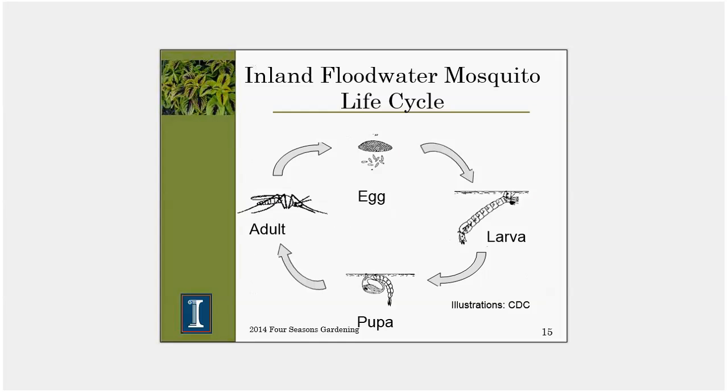Life cycle is a typical mosquito life cycle of the inland floodwater mosquito. Eggs are laid singly on dry ground, low-lying ground. The larva sits at an angle to the water surface, and again takes about 15 days in most situations. Now we can have a situation where, again, these eggs are overwintering this way, and you can get a lot of rainfall, say in March or April, and we really don't get a mosquito problem from that because although we have the water, we don't have the temperature that they really need.